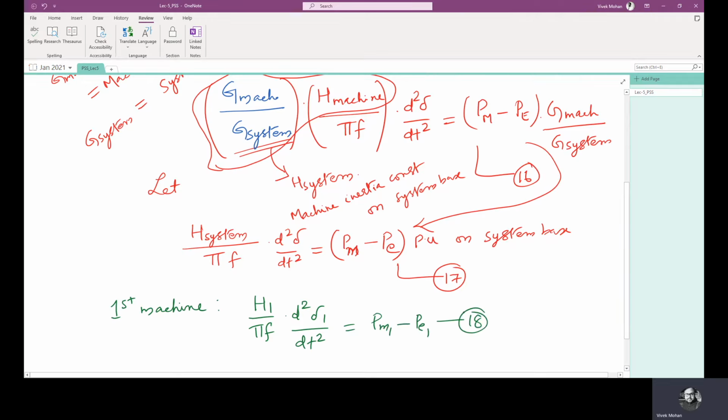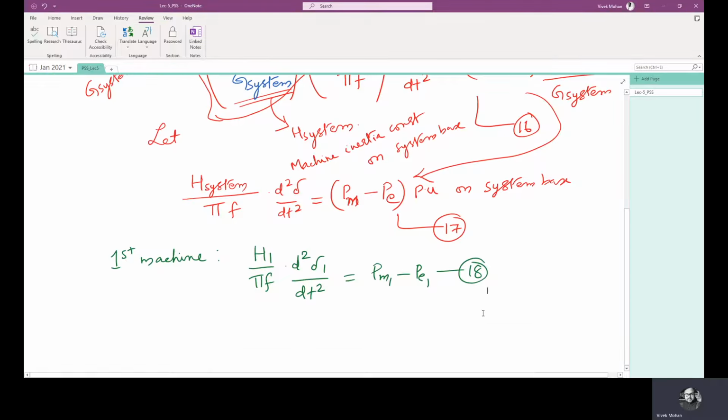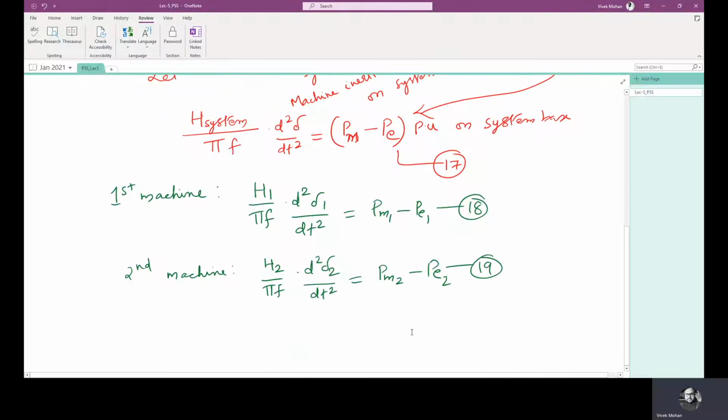Let it be equation 18. Similar to this, for the second machine, h2 by pi f into d squared del 2 by dt squared equals Pm2 minus Pe2. Let it be equation 19.